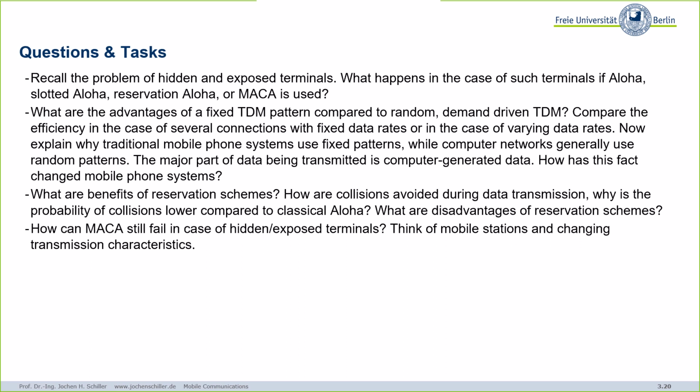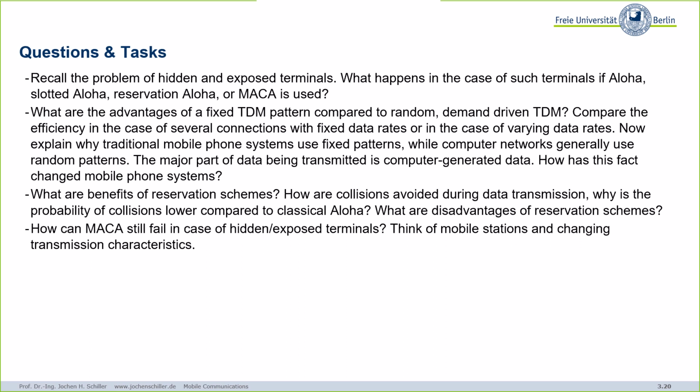And you have similar schemes for the packet switch network part in GSM. I will come back to this in chapter 4. But this is not a high security system. Okay, then there was a question, how did this fact change mobile phone system? Which fact? That I can attack it, or that the emergency calls now block this?